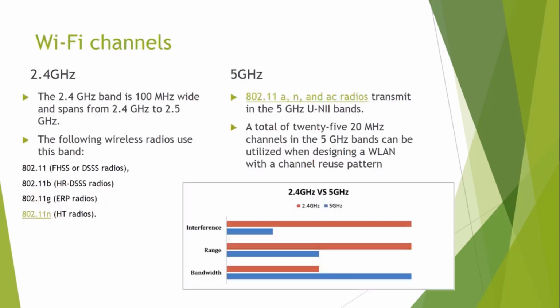That way you can divide 2.4 gigahertz into multiple bands. The 5 gigahertz band has totally 25 channels of 20 megahertz. It can be utilized when designing a WLAN with a channel reuse pattern. That's the 2.4 gigahertz and 5 gigahertz information shown in my slide.